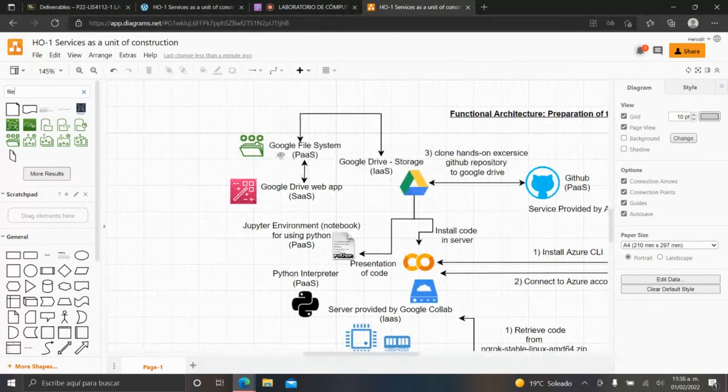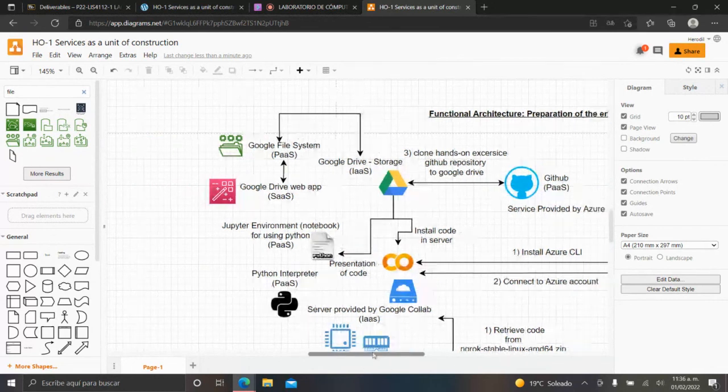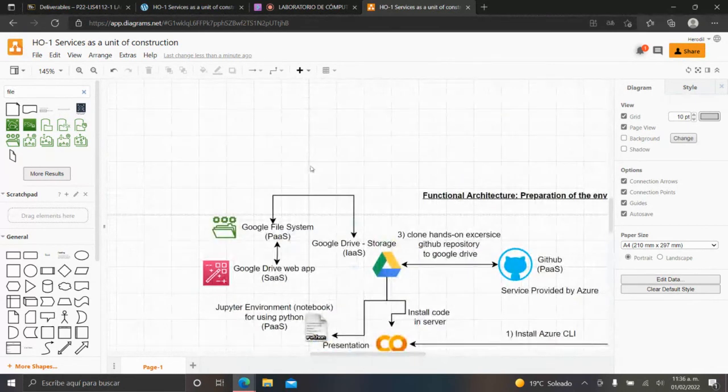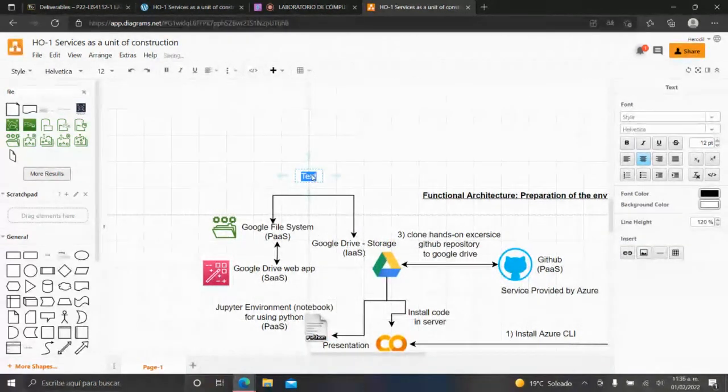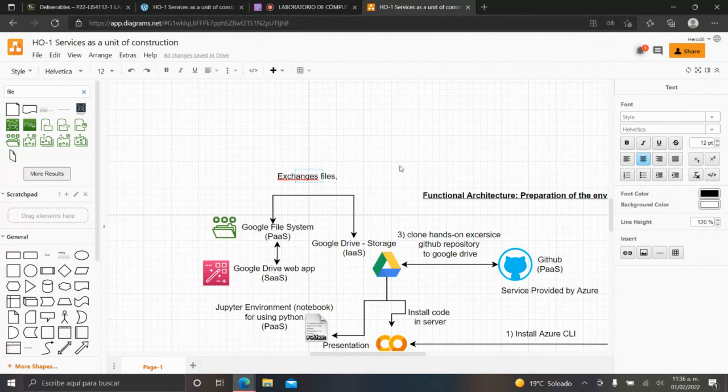Sorry, I understood that you wanted me to put something else, but no, you were explaining. In the arrows, every arrow must say what thing is exchanged. What is the item that they exchange? Just a file, text, or just the function. But if it's just the function, you exhibit that it's executed.